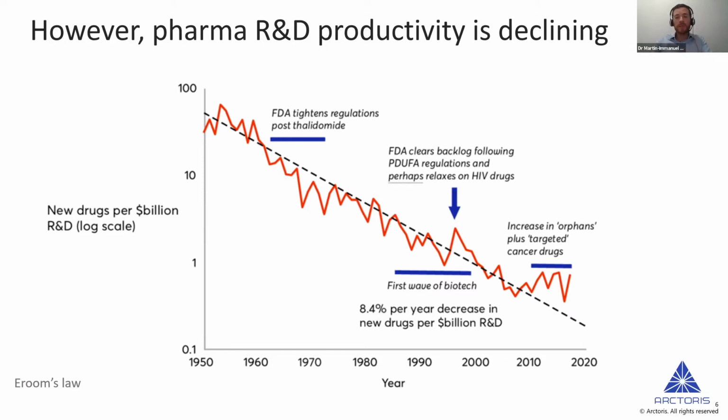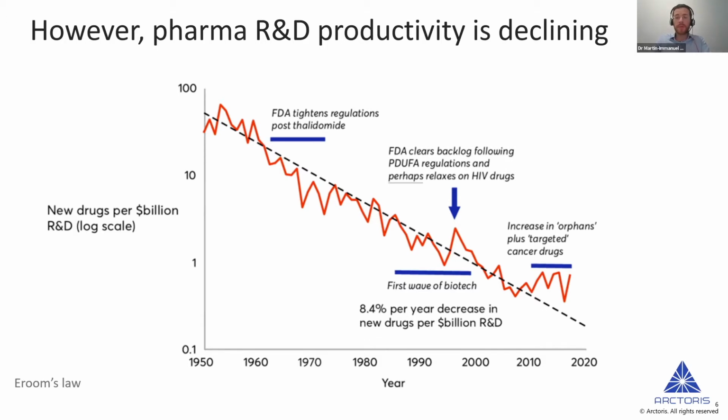As we move lower and lower on this trajectory, at some point we reach very dangerous territory where developing a new drug is no longer financially sustainable and can become too risky for biotech and pharma companies to undertake. So in other words, we need to stop this trend, we need to reverse this trend, and we need to find a way where drug discovery can become more productive again.